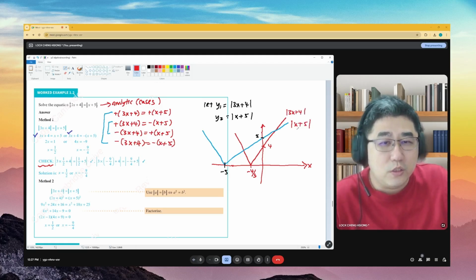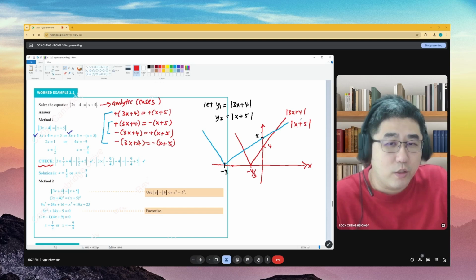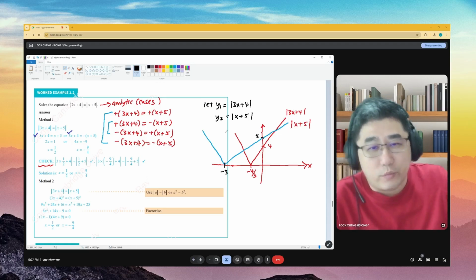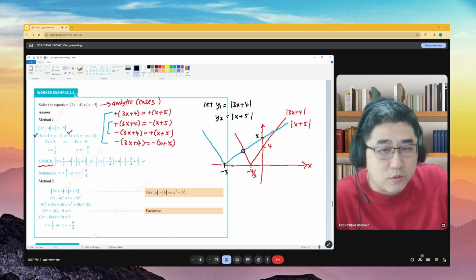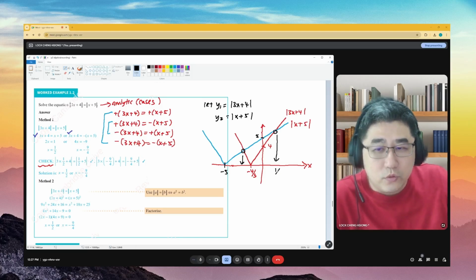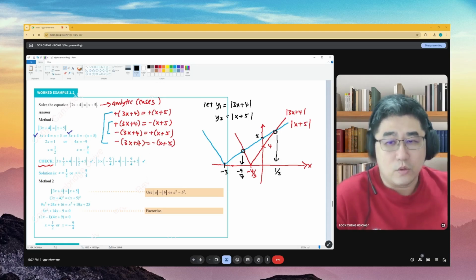You will see that for x + 5 the gradient is 1, and for 3x + 4 the gradient is 3. Therefore, gradient 1 is flatter, gradient 3 is steeper. From here you see that there are two intersection points. The answers are 1/2 and -9/4, which is consistent with the answer that we got earlier.